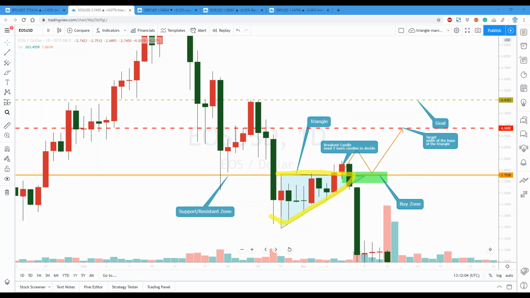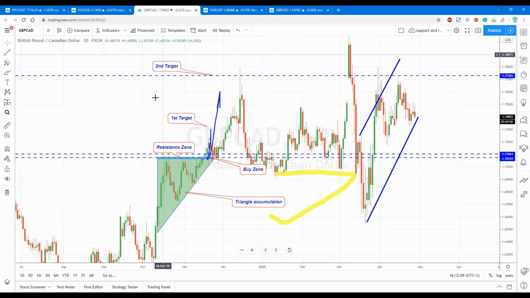And they are easily decipherable because they do interpret what the buyers and sellers are saying. But a triangle basically shows you the price is being pushed into an apex. It's getting smaller and smaller, getting pushed into here.